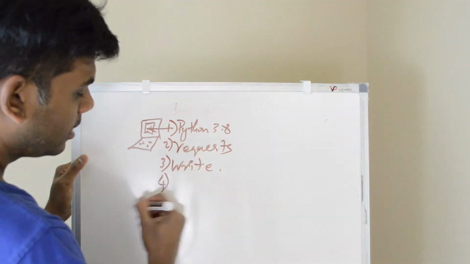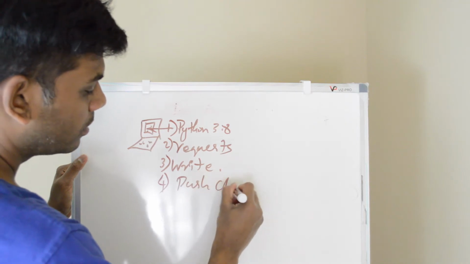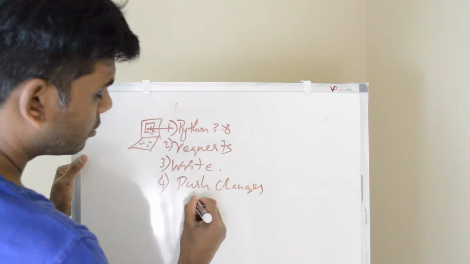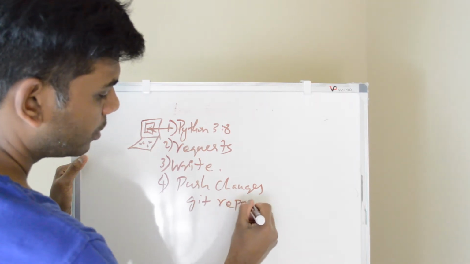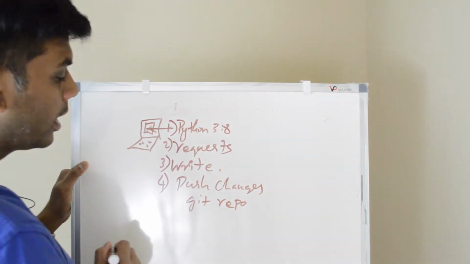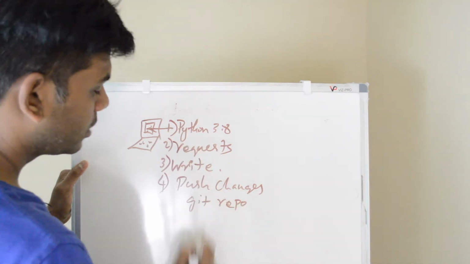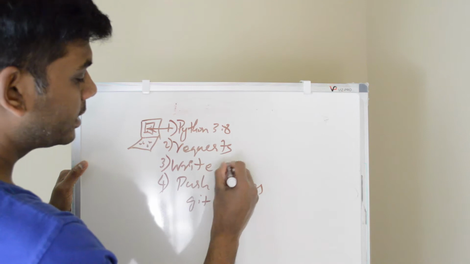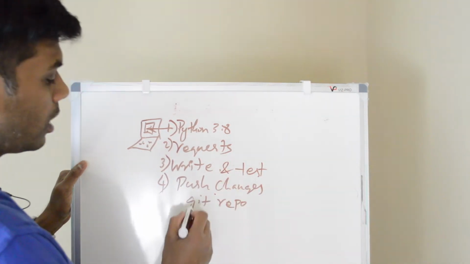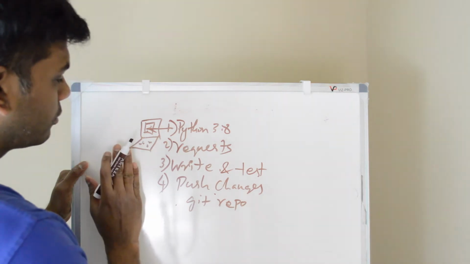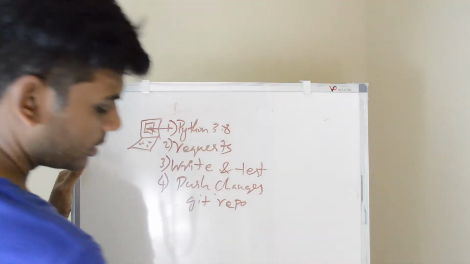And then he'll push the changes to the Git repo, and basically he'll call it done. So he's going to write the code and test it, and then push the changes to Git. So now to him the development process is done, right?